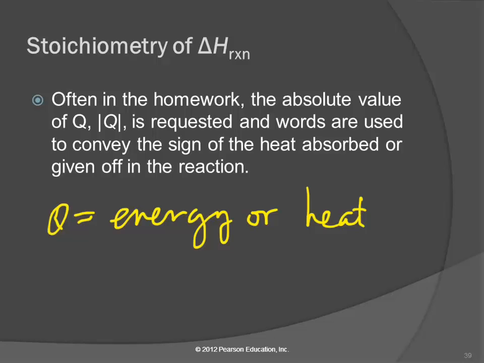And they use words to indicate that the heat was given off or absorbed. So read those questions carefully. It's okay to list it as a positive number when we're specifying in our words that this amount of energy was given off. If we're not using any words to describe which direction it's going, then we need to pay attention to the sign.